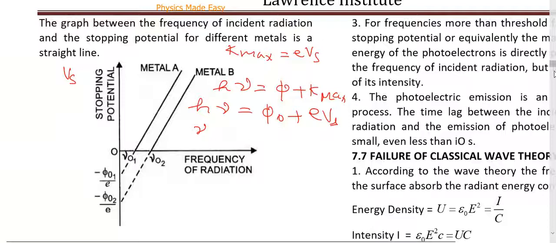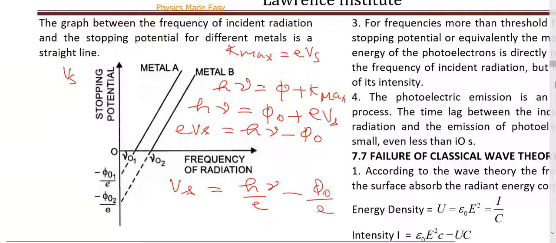So from here, this is the work function. This is a measure of maximum kinetic energy. So I can take it as y, and from here I can write eVs is equal to h nu minus phi naught, or Vs is equal to h nu minus phi naught by e.